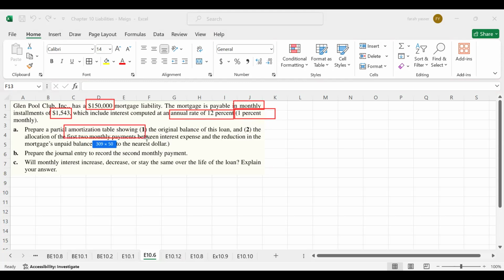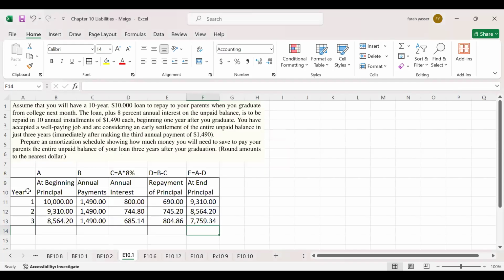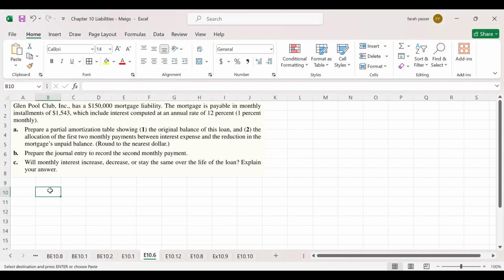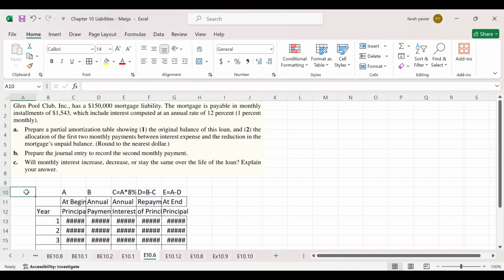The loan amortization schedule is required for two monthly payments only in requirement A. So we are going to prepare the same schedule as we prepared in the last example. We may copy the table for the sake of simplicity. Here we have this table, and we are going to paste it. This is requirement number 1.